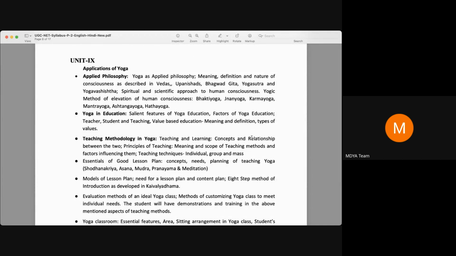But if you are teaching yoga, then you should know something more about teaching, because this is not only a theoretical, lecture-based subject. It is related to your body, your mind, and your thoughts. All those things are covered by the single word yoga.